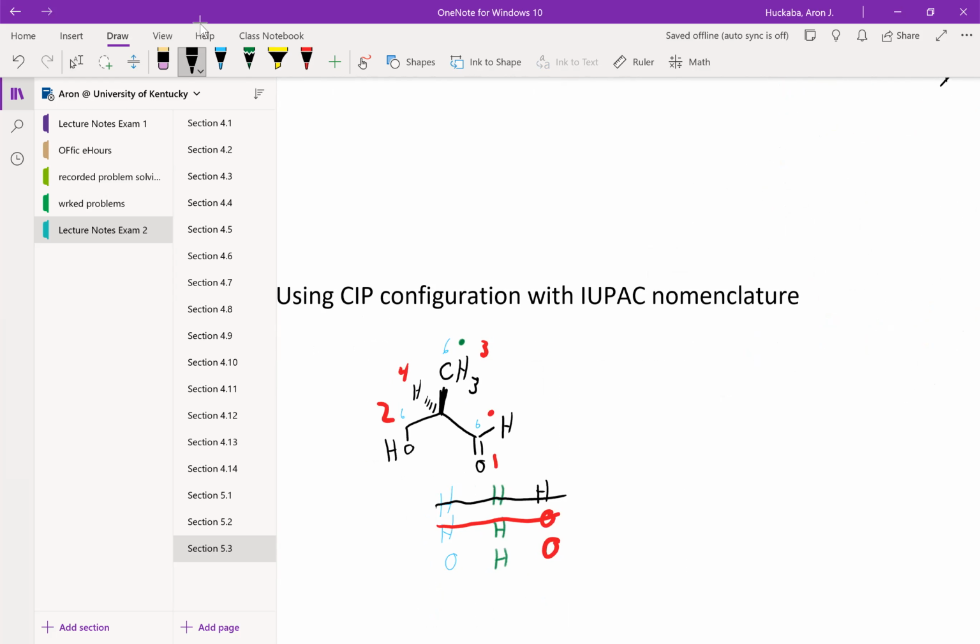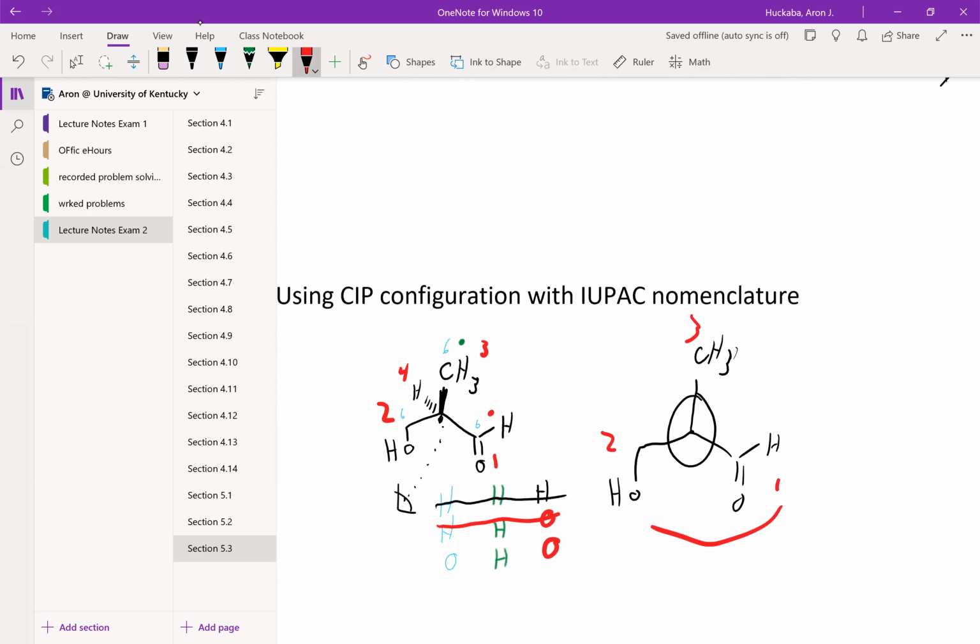So we can just make our Newman projection to determine how we should rotate the molecule. So again, we have CH3 up here, this double bonded O with the hydrogen over here, and that part of the molecule there. And remember, this was 1, 2, 3, which means we rotate clockwise, which means it's R.